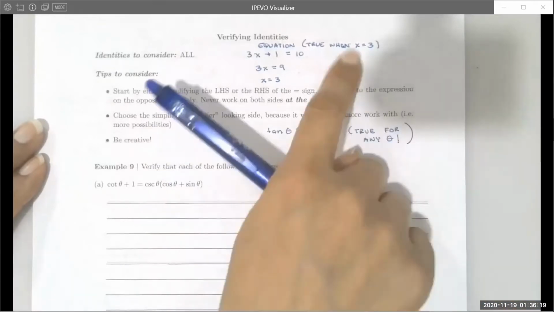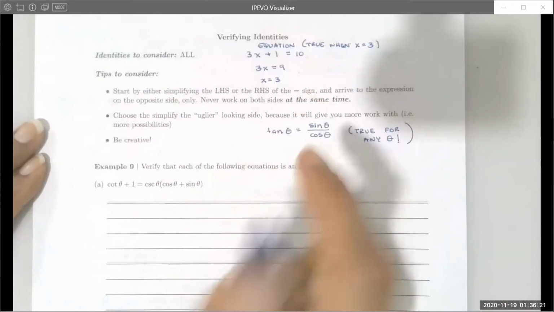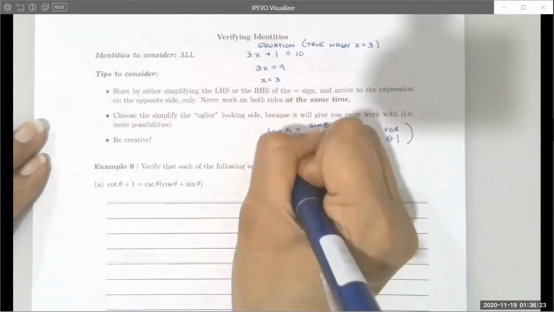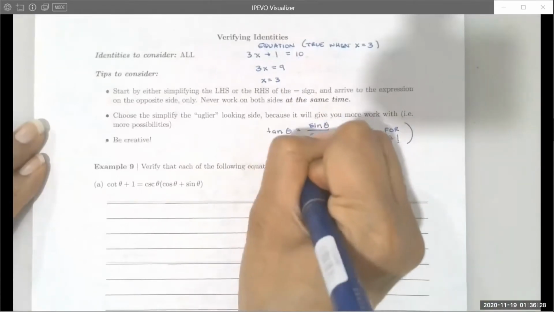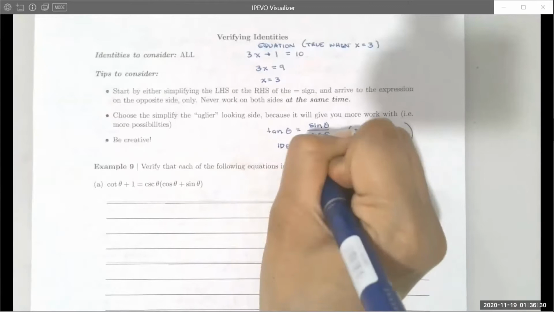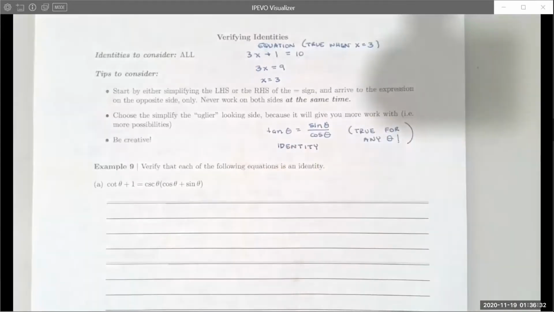And not just for one value, it's for all values. Because it's true for all values of theta, we don't call it just an equation, we call it an identity.